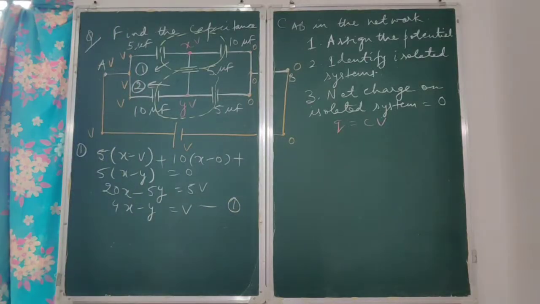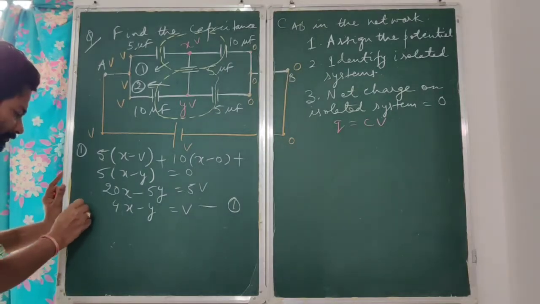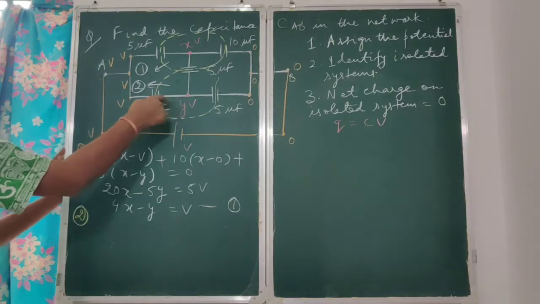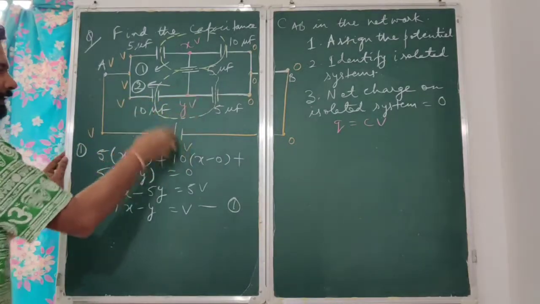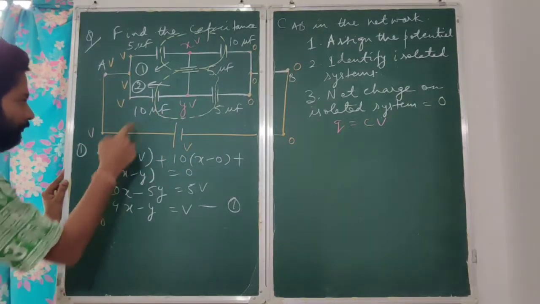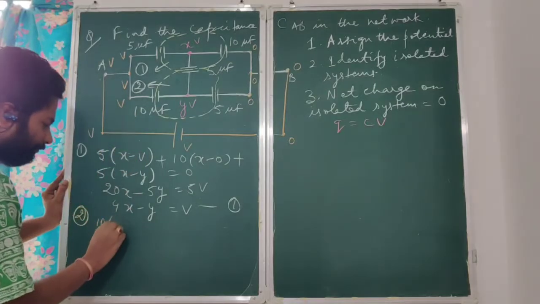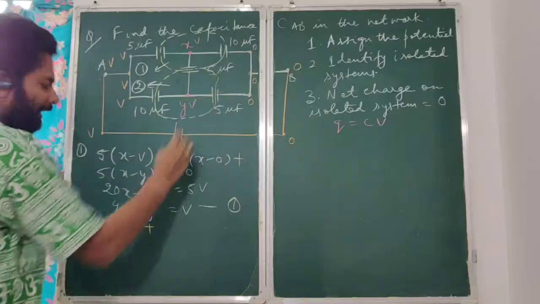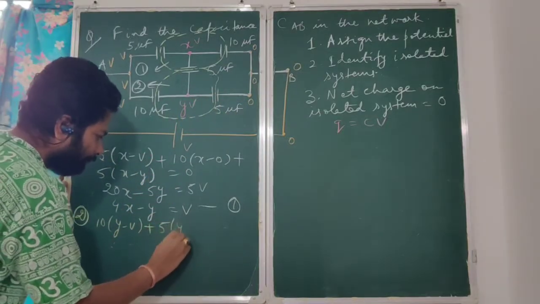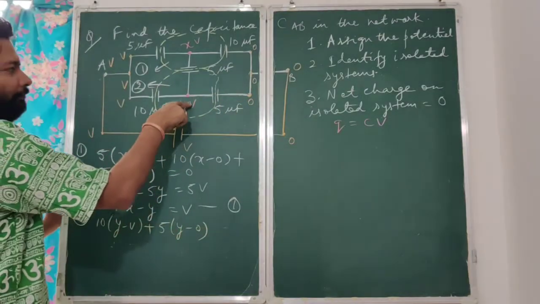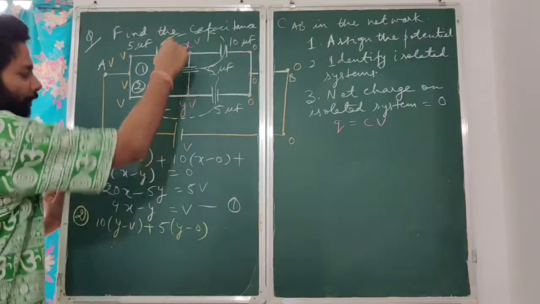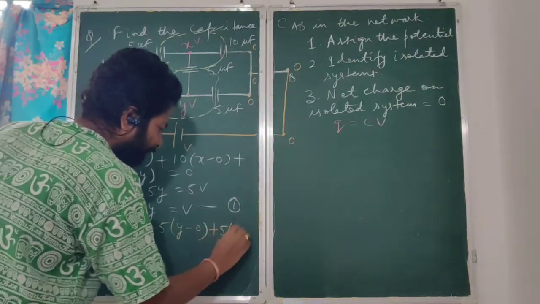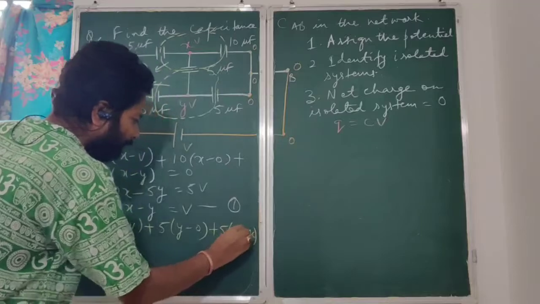Now similarly, what can we write for the second isolated system? In a similar way, what is the net charge stored? We can write 10 into y minus v, plus 5 into y minus 0, plus 5 into y minus x, and this must be equal to 0.